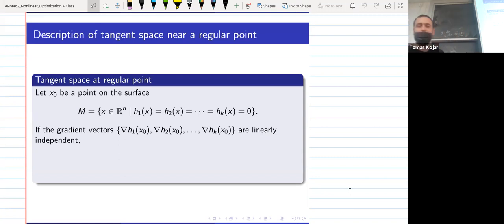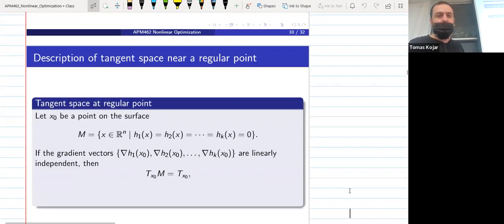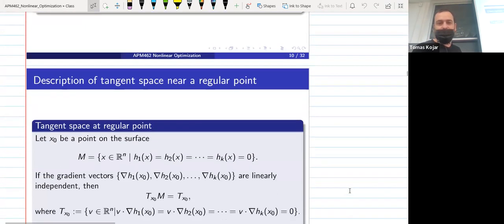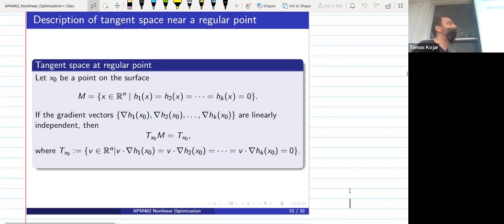Remember? That's a quick way to check linear independence. If that's the case, then you can use the trick that helps you compute the vectors. It says that V needs to satisfy K equations. So in optimization, that means you will have K constraints, and you need to check that your V is perpendicular to all of them. That's a very nice trick.